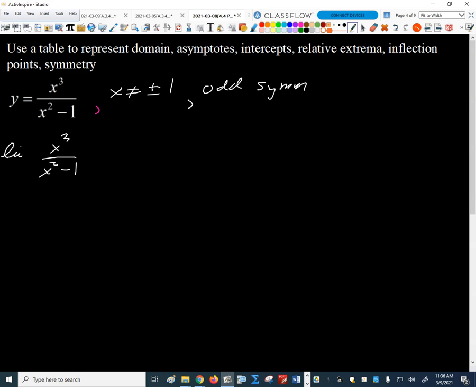If the top is exactly one degree higher than the bottom, then this is going to give us a slant asymptote or an oblique asymptote, whatever you want to call it. And we have to just divide this out, right? So how can we divide this out? Let's remind ourselves how we do this. It's been a little while since we've done this, but this is pretty good stuff to review.